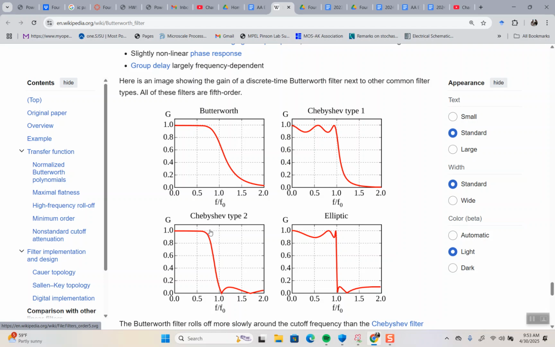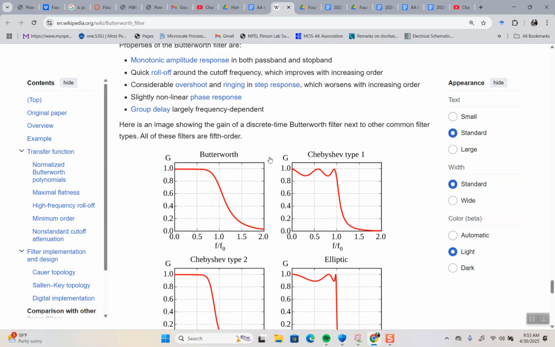And Chebyshev type 2 is kind of a trade-off between Butterworth and type 1, although it does bounce here. So these are all low-pass filters, and they can all be done with Sallen-Key, multiple feedback, or RLC.